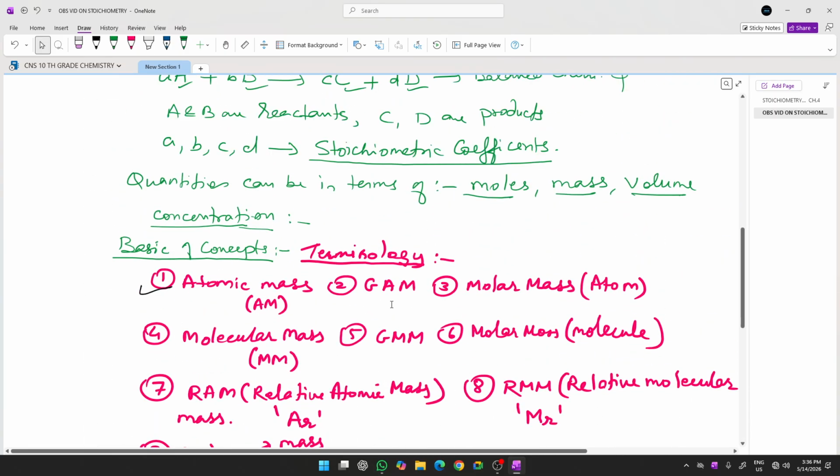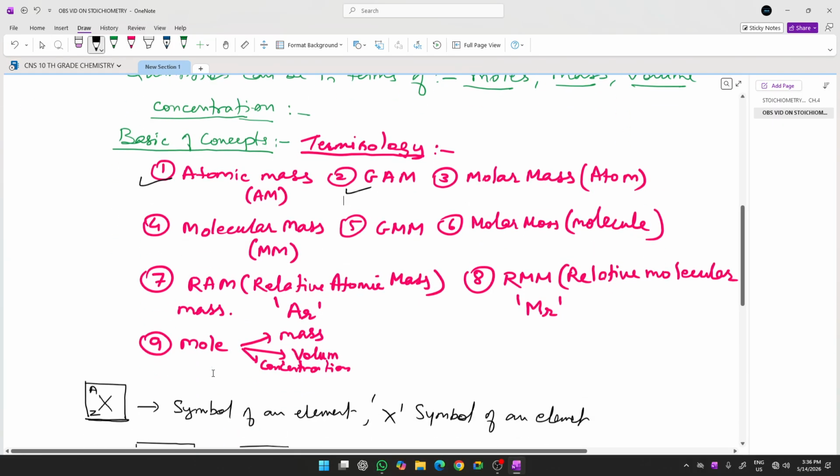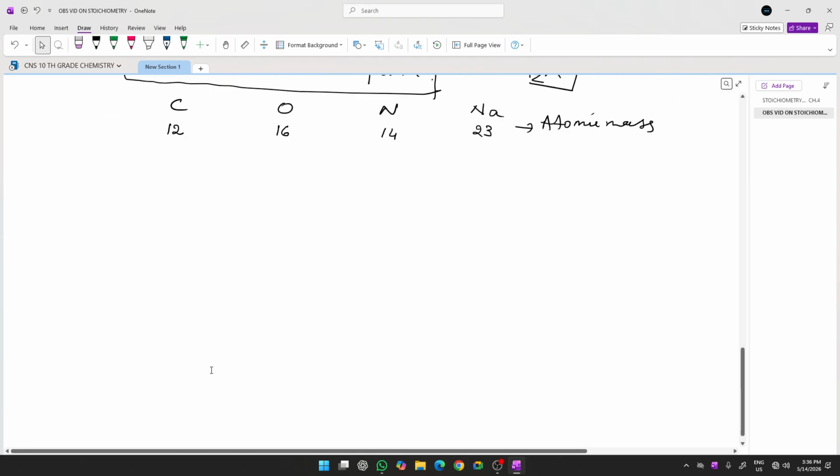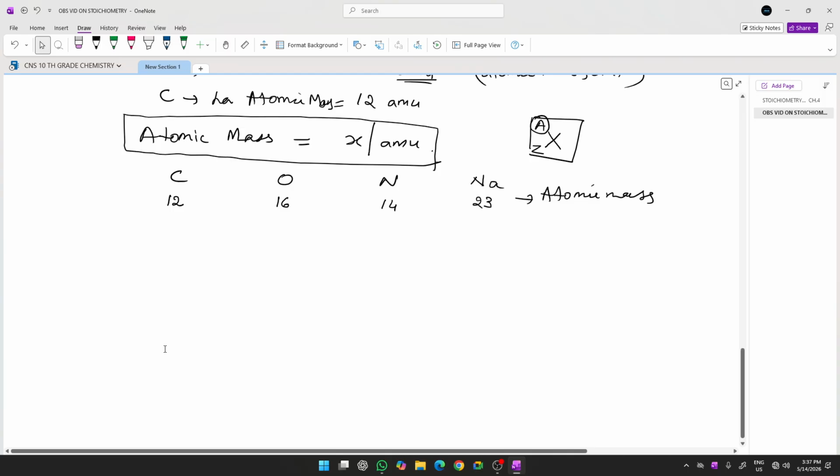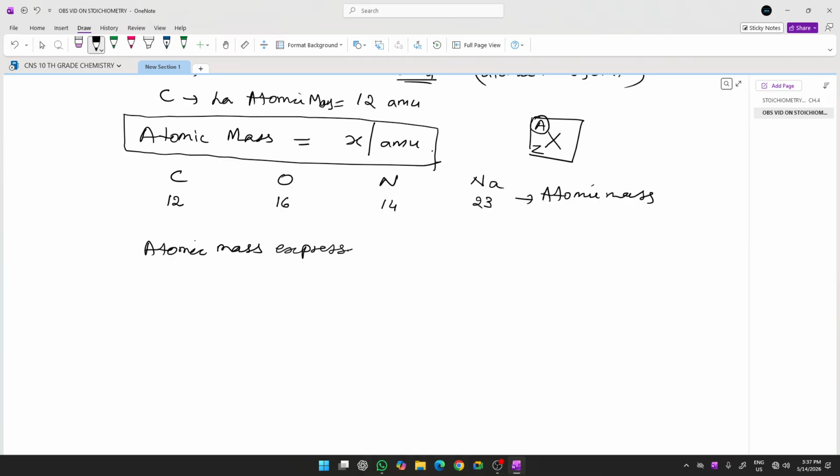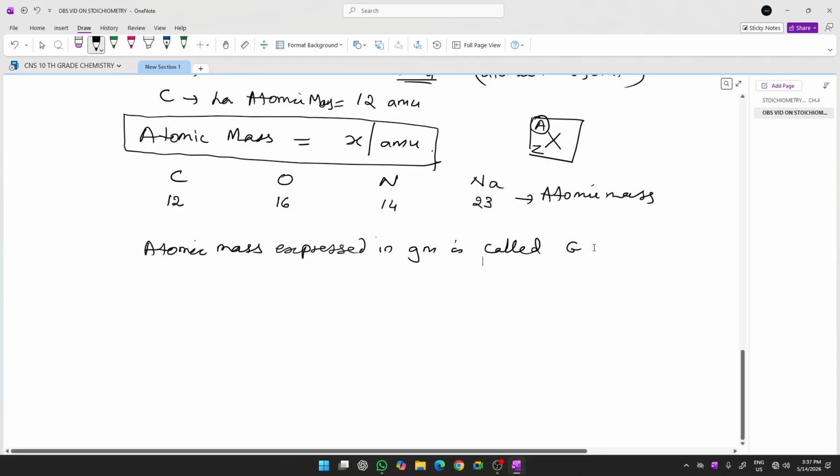gram atomic mass. This one. Now, what is gram atomic mass? Let me tell you that. Gram atomic mass is atomic mass expressed in grams, called gram atomic mass, right?